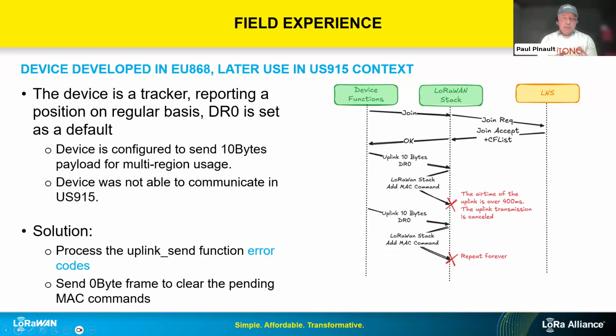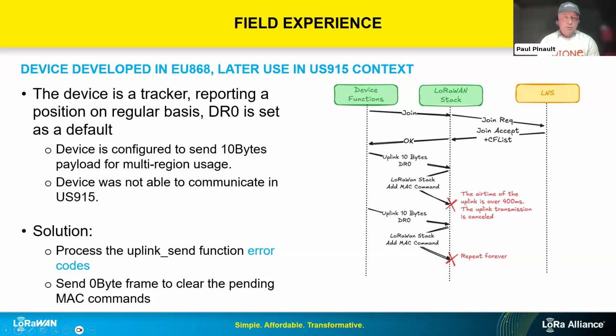What happened in my device is I joined, that's okay, perfect. And I tried to send the first uplink. It was 10 bytes, so it's supposed to be okay. But in fact, the stack tried to add more bytes related to MAC commands, and the stack refused to send it because in the USA, the maximum time is 400 milliseconds. And so all my uplinks were never sent, in fact, due to this reason.